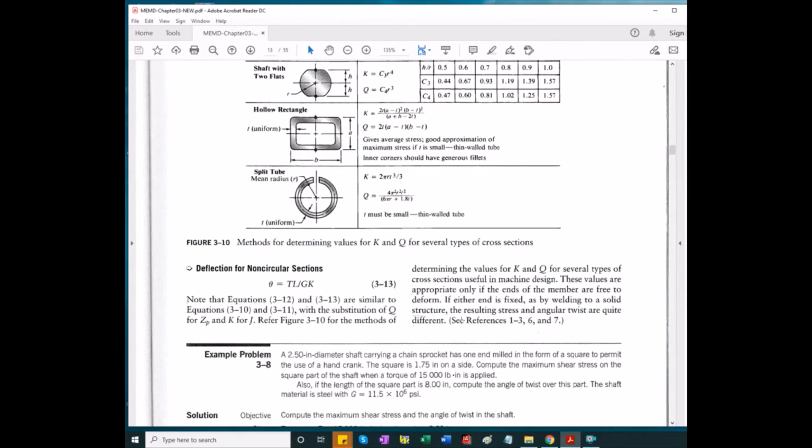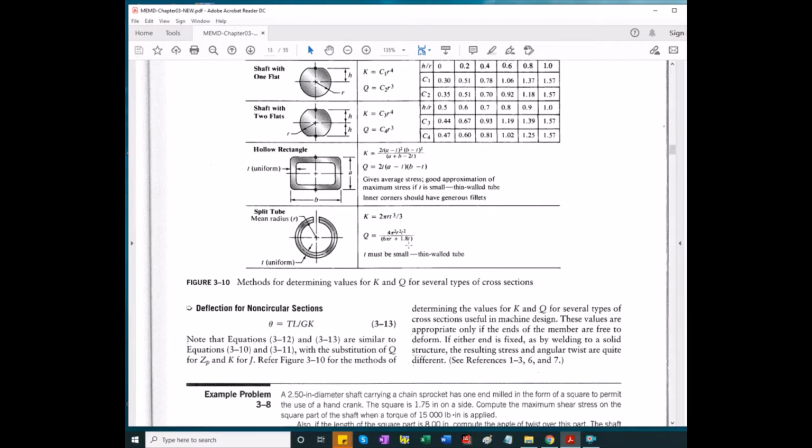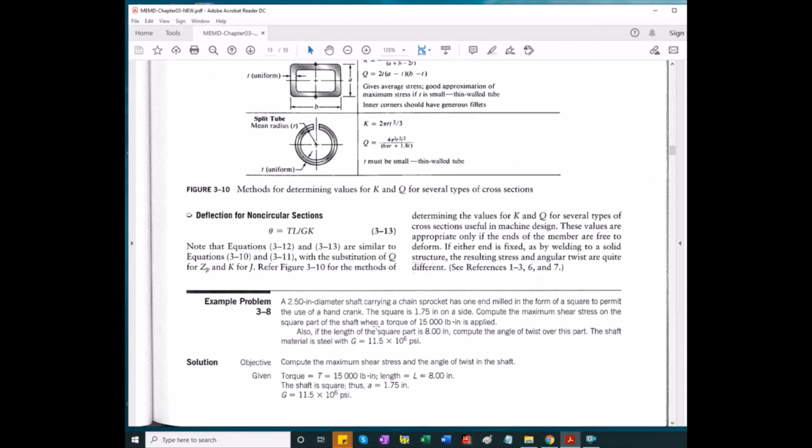Using the last entry in this table on figure 3.10, we can calculate the maximum shear stress and angle of twist.